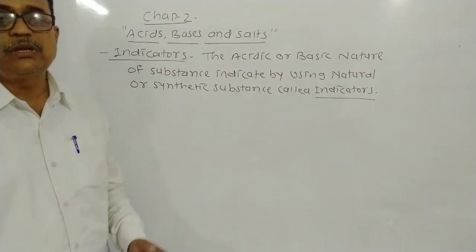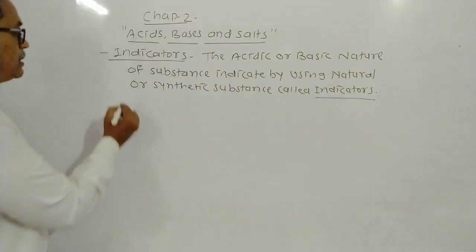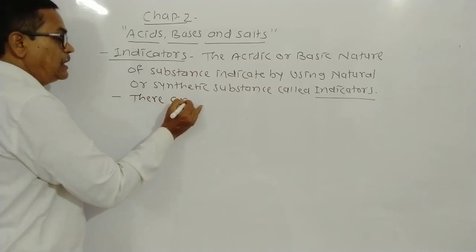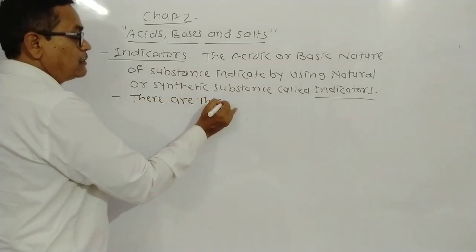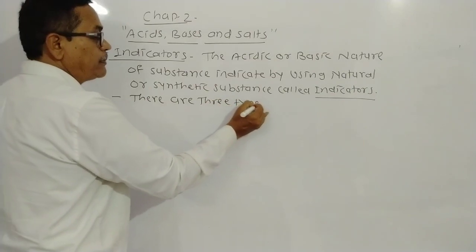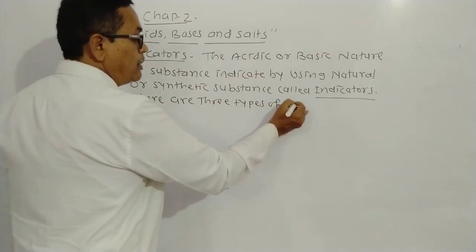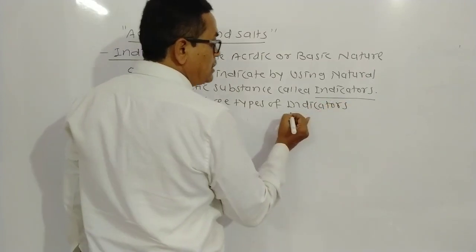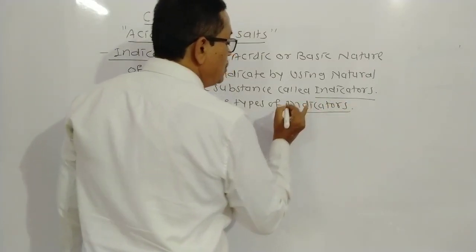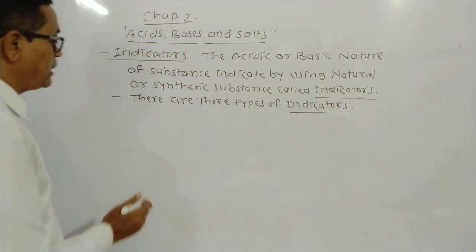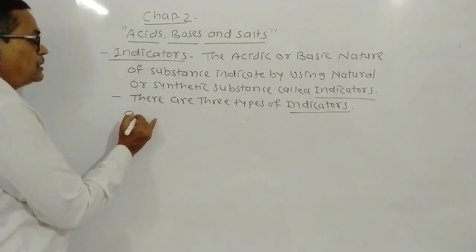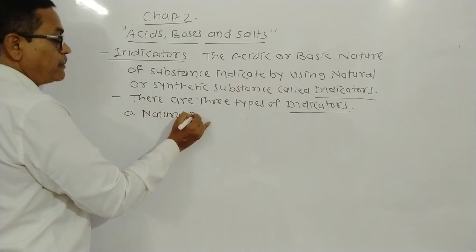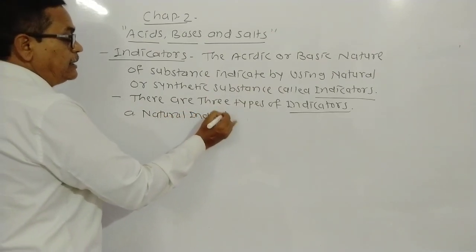And you know, dear student, there are three types of indicators. Which are these three types of indicators? First, natural indicators.